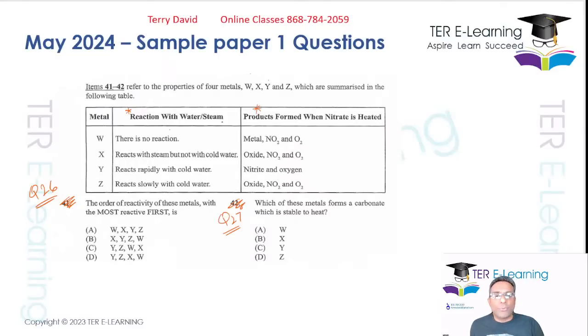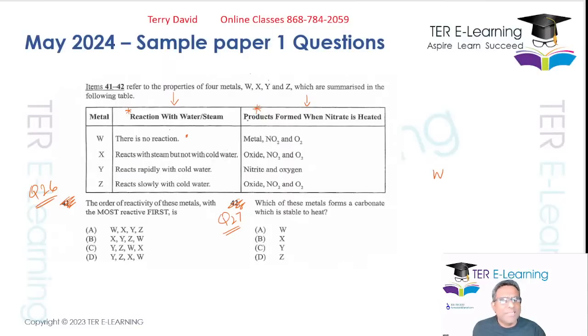So what you could do is look at this column here and this column here. Now, you're reacting the metal with water or steam. W has no reaction with water. So that tells me that W is very unreactive. Now, X reacts with steam, but not cold water.